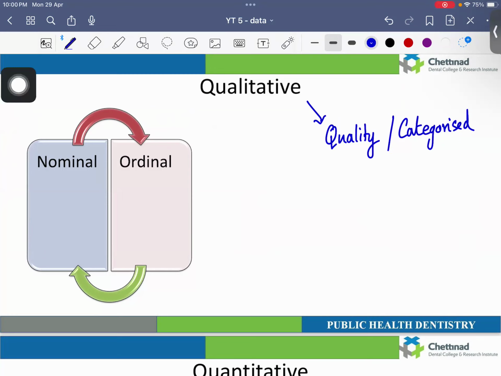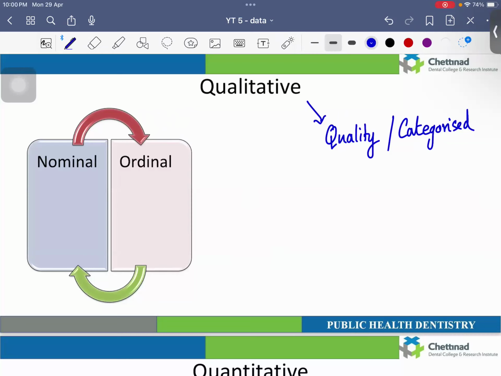For example, type of blood group, nationality, and gender are all qualitative data because there is a quality to it. Gender means based on the sex. Nationality means based upon where you have been born, the quality of your birth.